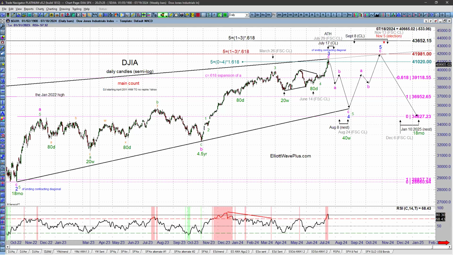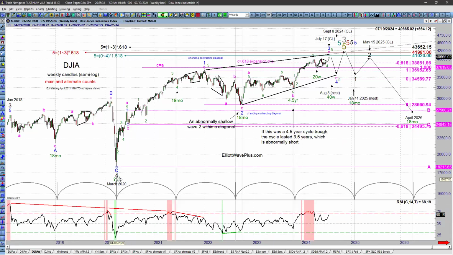So the pre-existing model on Hurst is that within each 4.5 year cycle, there are three 18-month cycles. So from the March of 2020 low, the first 18-month cycle, the second 18-month cycle, the last 18-month cycle, and that makes for a 4.5 year cycle.